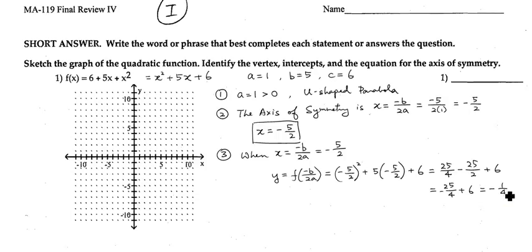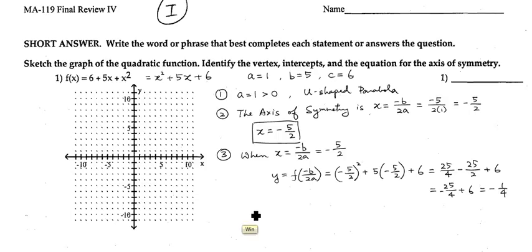Now, when we are having trouble with the fraction, or we are not confident, the dancing shoe would be a great help to you. So try it out in your dancing shoes and see what that would be. 25 over 4 minus 25 over 2 plus 6, and turn it back into the fraction.